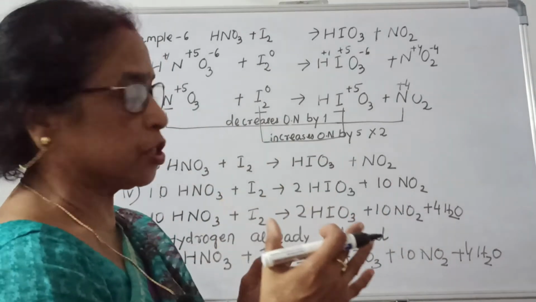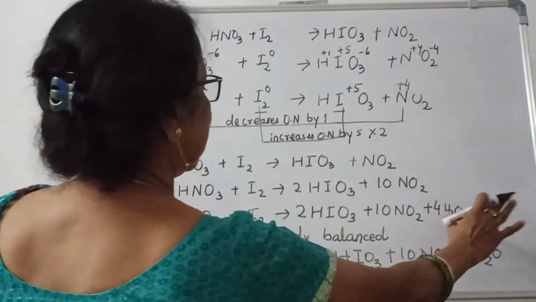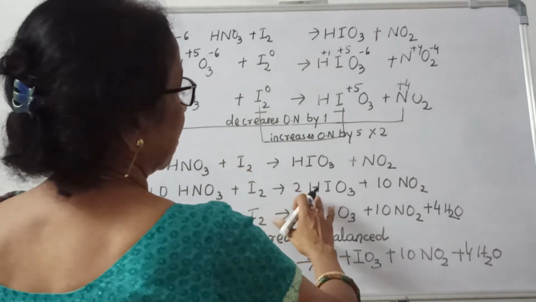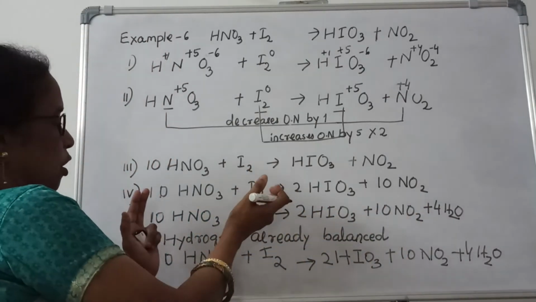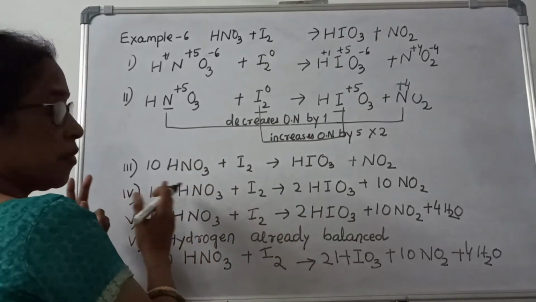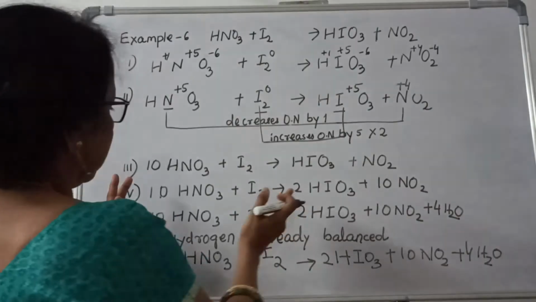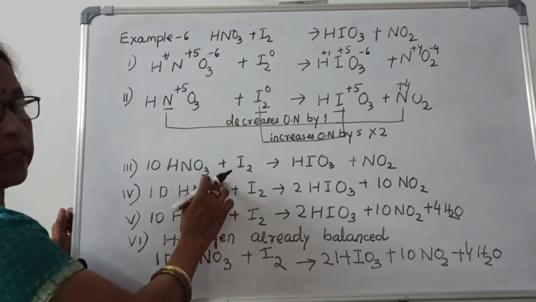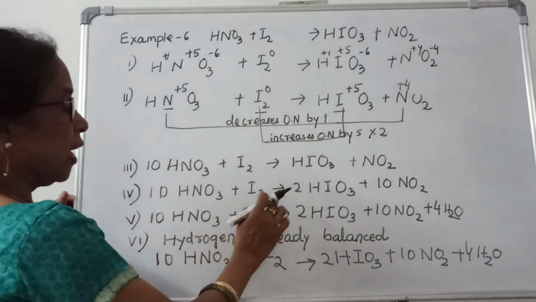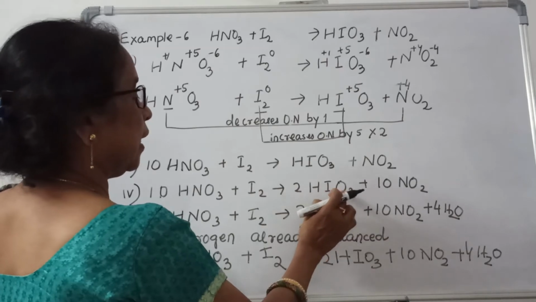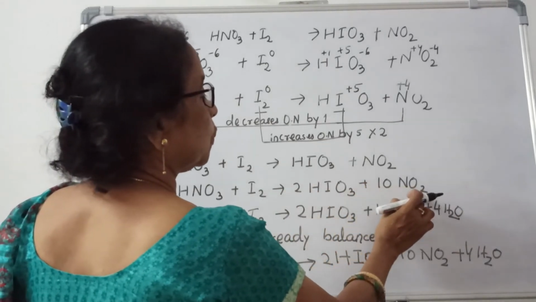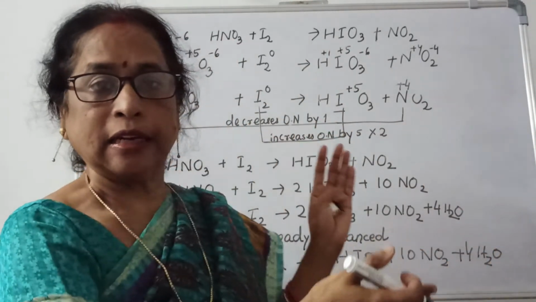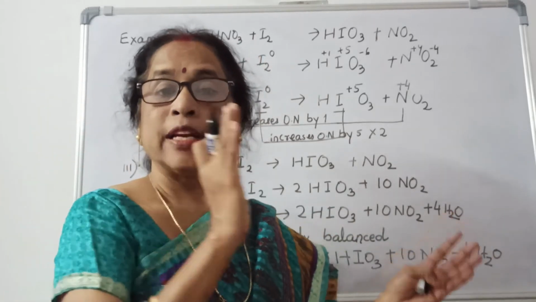Now check how many oxygen atoms are there on the right hand side and how many on the left hand side. This is the product side, this is the reactant side. Calculate here, 10 into 3, that is 30 oxygen atoms. Here you see 2 into 3, 6 oxygen atoms, 10 into 2, 20. That means 26 oxygen atoms on the product side and 30 oxygen atoms on the reactant side.